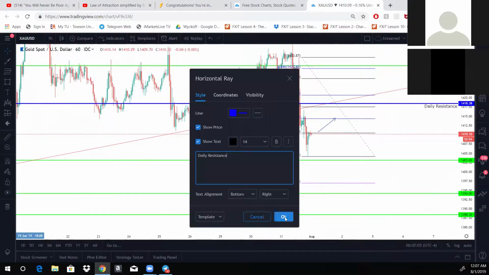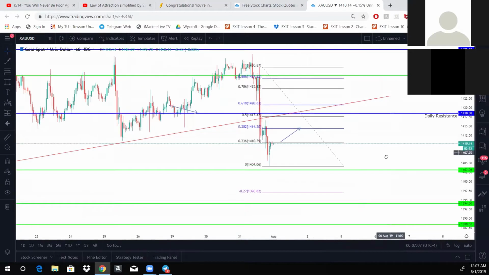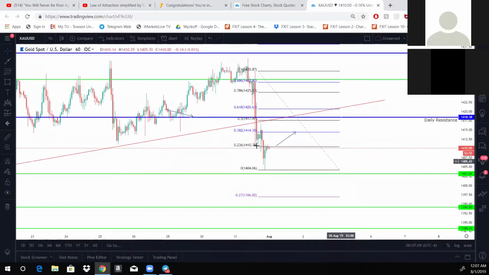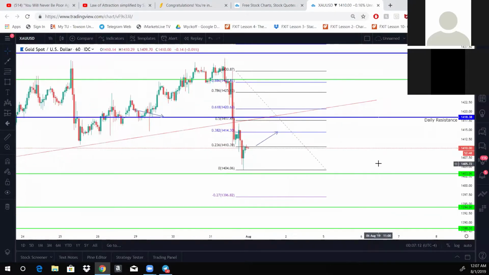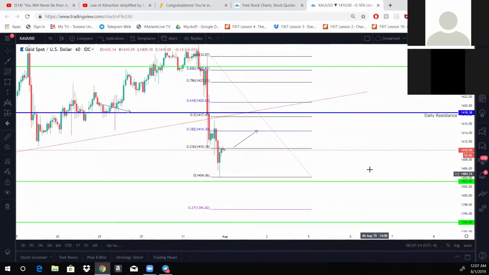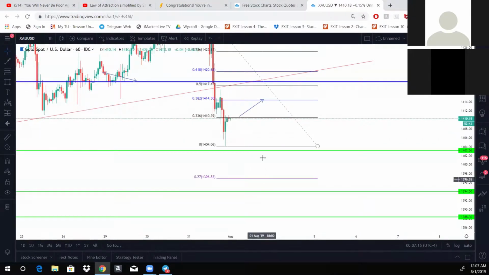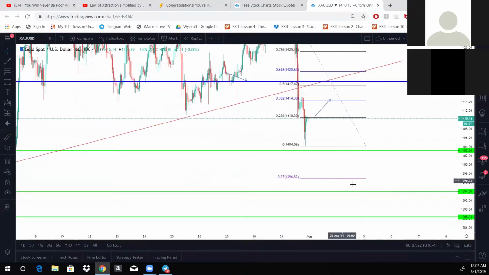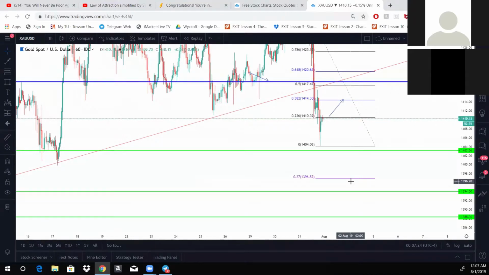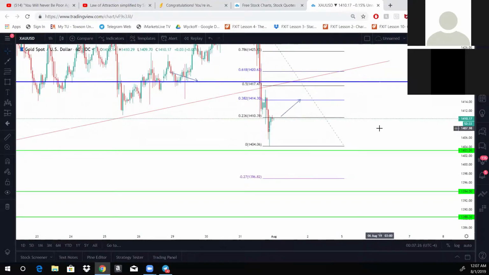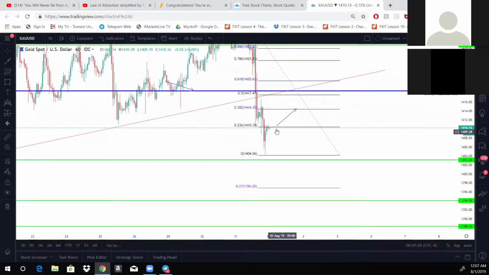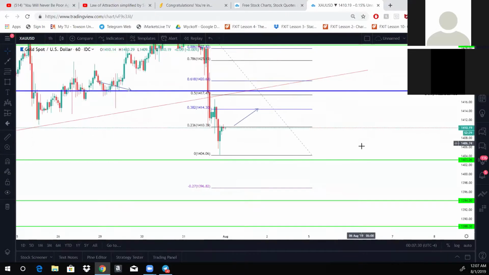I actually didn't trade it either, but it's already rejecting this 23.6. So it's definitely looking very, very bearish. And I see it coming down to this 1.39682. I just don't like it yet for entry.